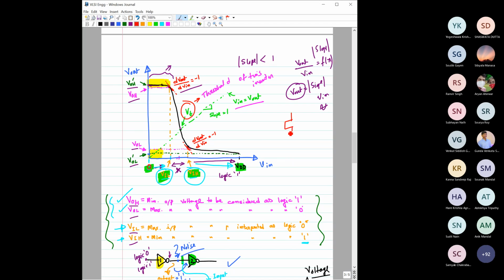When you apply any voltage here, it is digital, so it can go from 0 to the supply voltage only. Here we also introduced the term that there will be two points when the curve falls.